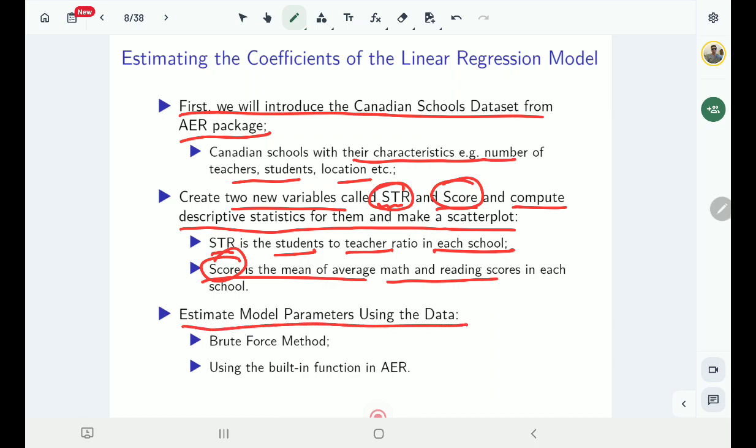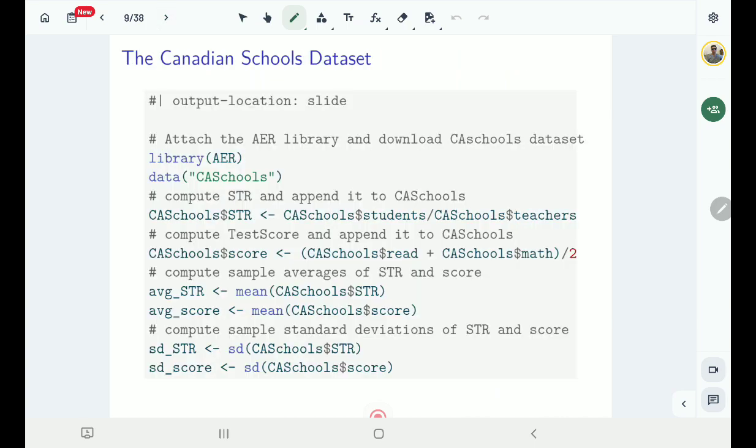We have the 2 important variables, STR and score. We use STR to explain the score variable, the student performance. Score is some kind of measurement of the student performance. We have 2 ways: one is the brute force method, and the second is using the built-in functions in the AER library. Now let's move on.